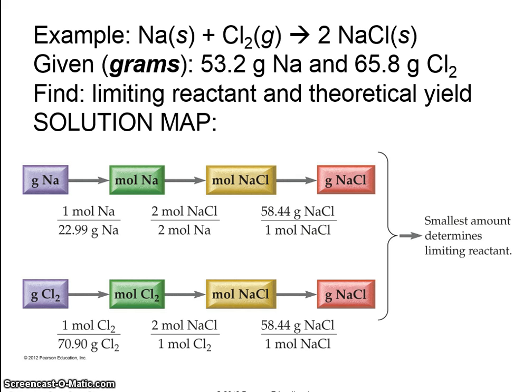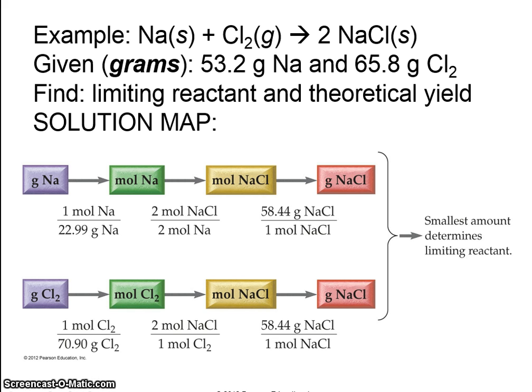Now this chemical equation is not balanced. It should show 2 moles of sodium solid to 1 mole of chlorine gas. So you'll see in this relationship down here that it's 2 moles of sodium in the top solution map to 2 moles of sodium chloride, and the molecular weight of sodium chloride is 58.44.